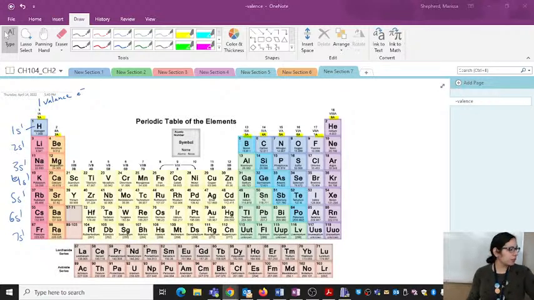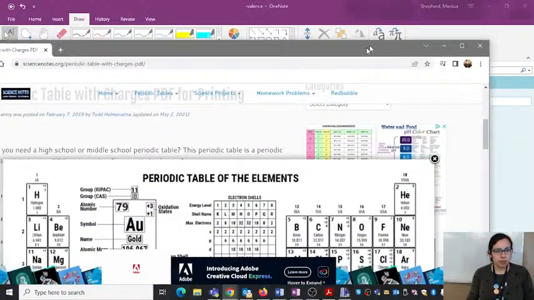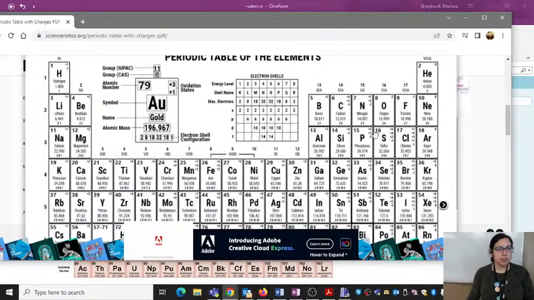So let me post this in the chat for those of you online. Oh my gosh, too many windows now. So this is the one I like. So let me bring it over to this one so we're all on the same page.